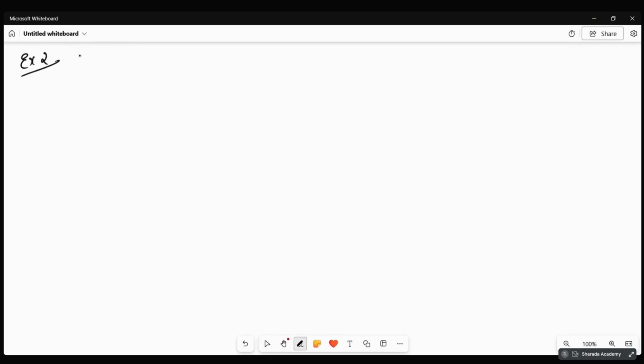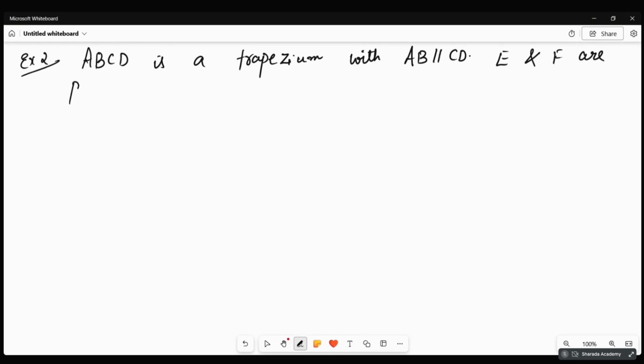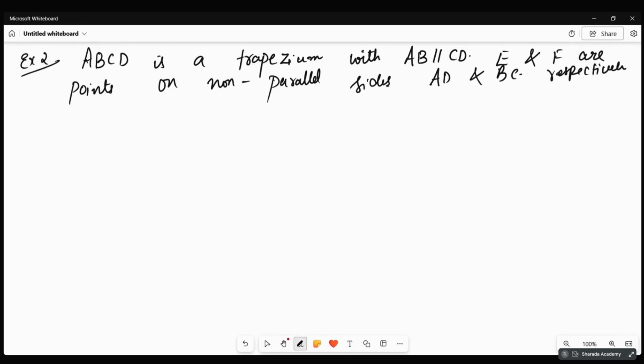Okay. So next question, ABCD is a trapezium with AB parallel to CD, and E and F are points on non-parallel sides AD and BC respectively, such that EF is parallel to AB.